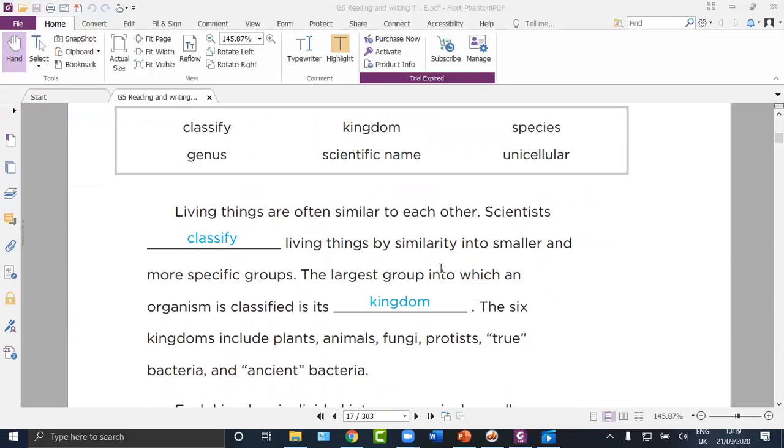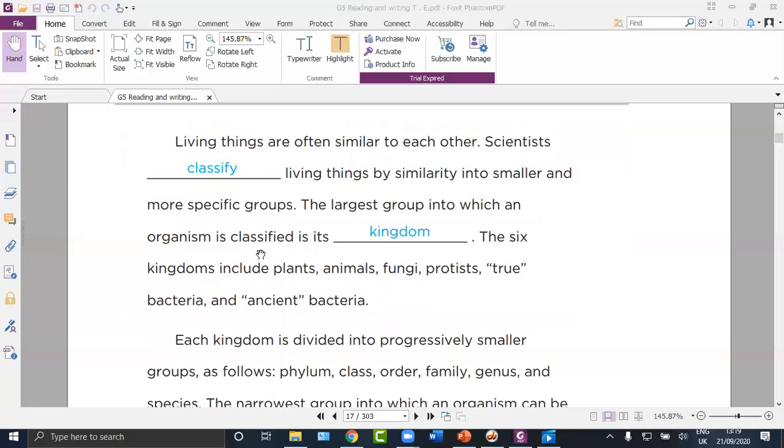Now, number 1, read. Yusuf, read. Living things are often similar to each other. Raise your voice. Scientists classify living things by similarity into smaller and more specific groups.